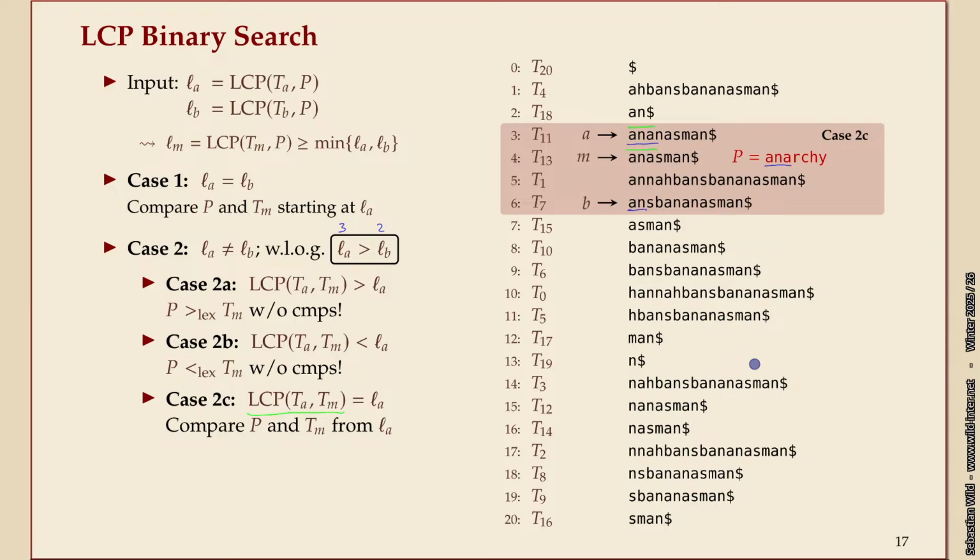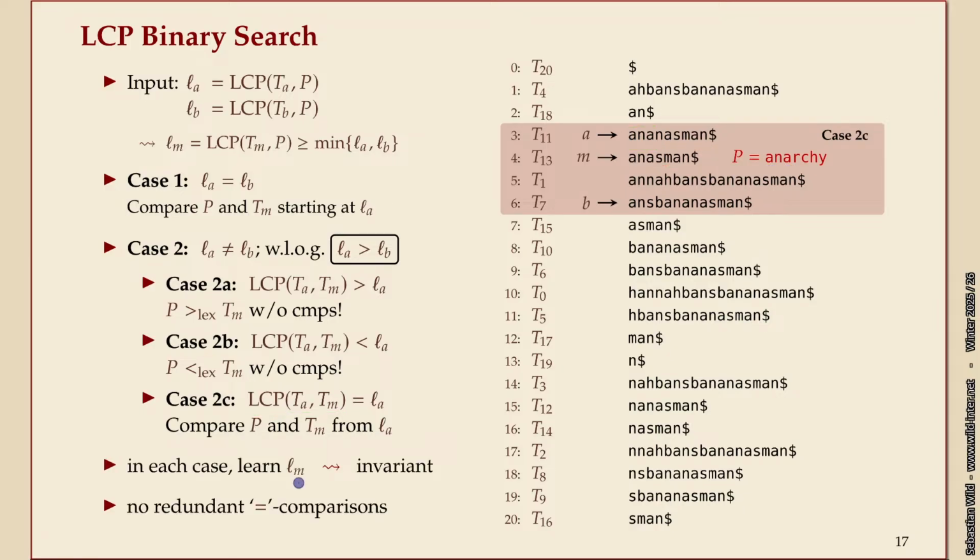We can't deduce more about the order where P goes from the prefixes that we looked at. So we have to compare the next characters from here onwards. And the next character already decides P is going to be smaller than M. So it'll have to go here. We report that we didn't find it, whatever comes after the binary search. Okay.